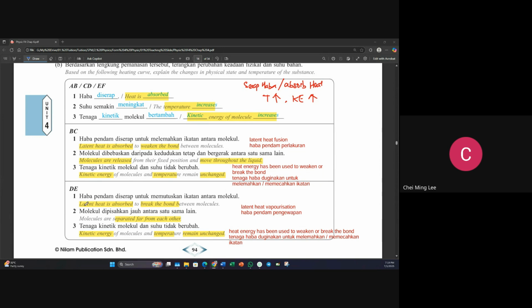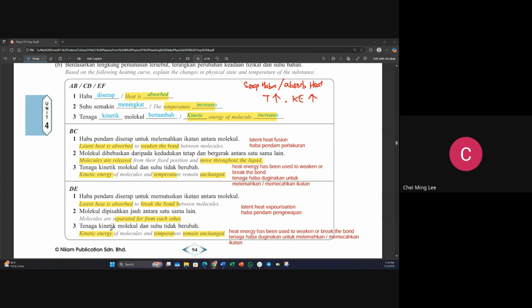Now DE is where it goes from liquid to gas. The latent heat is absorbed to break the bond, which is the latent heat of vaporization, and molecules will be separated far away. Just now it was just from fixed to not fixed. Now they will go even further away because more energy is absorbed. So more excited, the excitation level is higher.